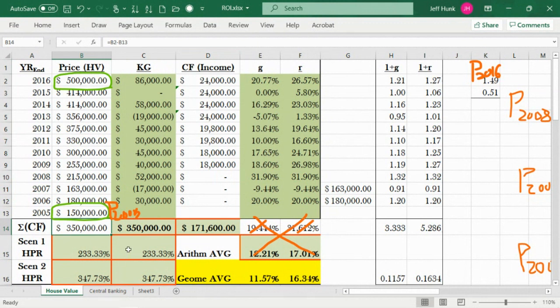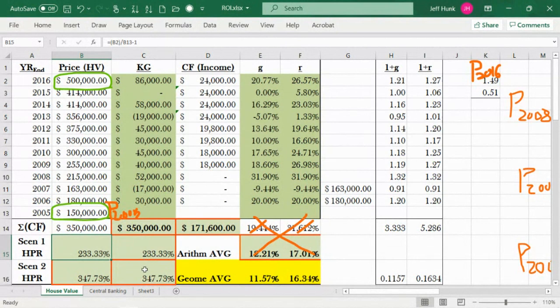So the holding period return will be 233% because you divide the capital gains, which is PT plus N minus PT, by PT. So 233%.